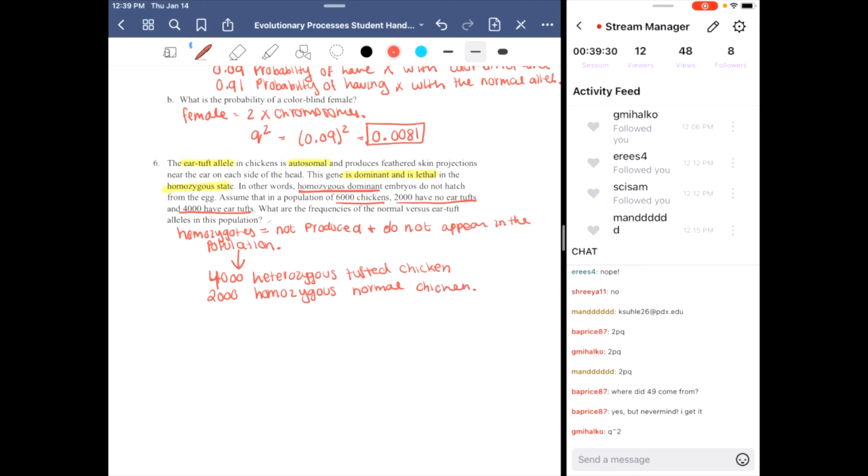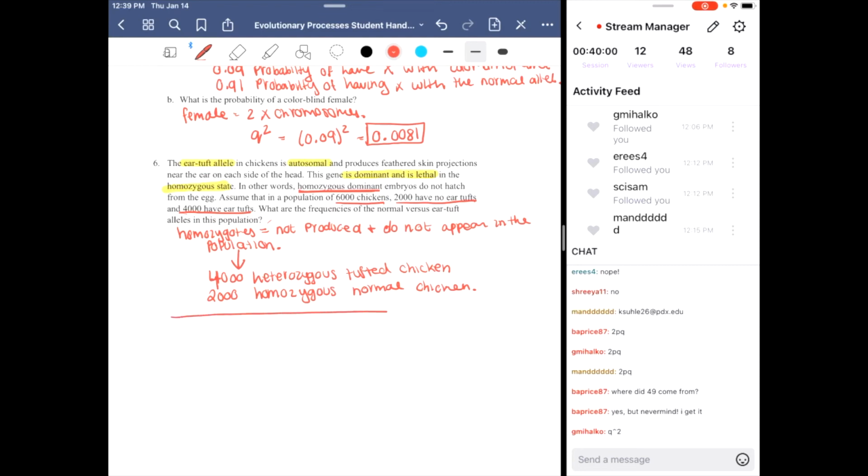Because we don't know how many eggs did not hatch, or how many of them contained homozygous tufted chicken, we first need to calculate the allele frequency by assigning alleles to the existing population. One way to do that is to find out the allele frequencies for the dominant and the recessive, so the tufted and the normal.